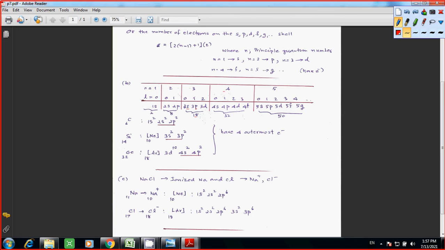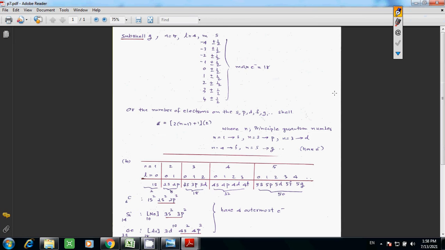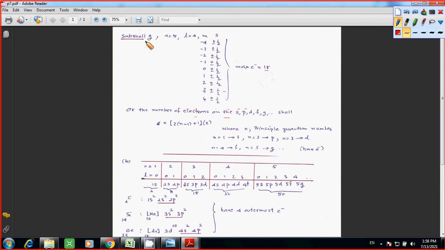For n equal to 4, you have 4s, 4p, 4d, 4f. S makes 2, P makes 6, D makes 10, that's 18. And F makes 14, so that makes 32. And for G, the maximum number of electrons in the subshell G is 18.